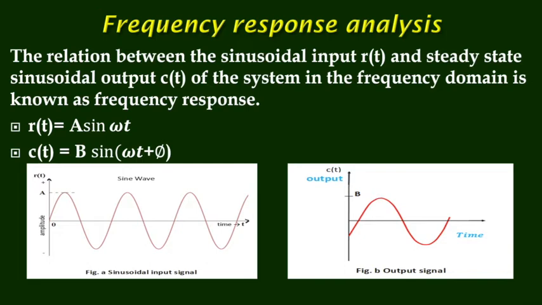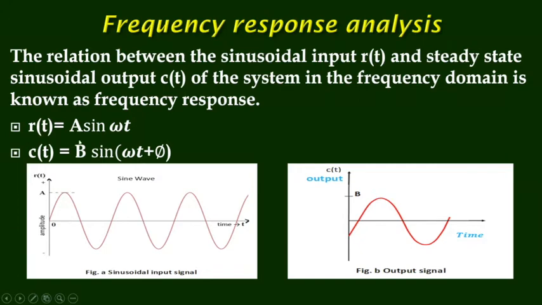Frequency response of a system is the response of the system to a sinusoidal input signal of various frequencies. In general, the sinusoidal test signal is used as the input signal, where r(t) is the input signal.